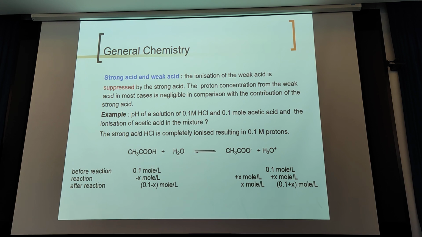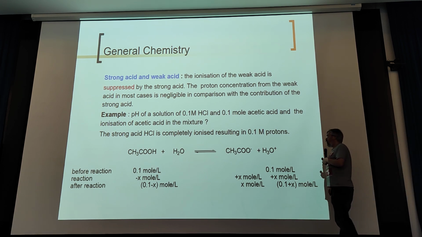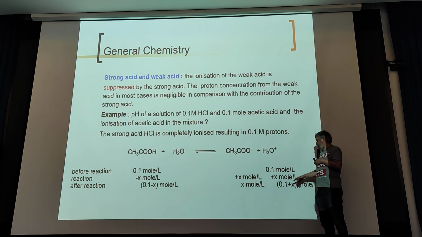So now part of the acetic acid will be deprotonated. Let's call it X again. What is remaining is 0.1 minus X. How much acetate is forming? The same small amount, X. How much H3O+ is present? 0.1 plus X.